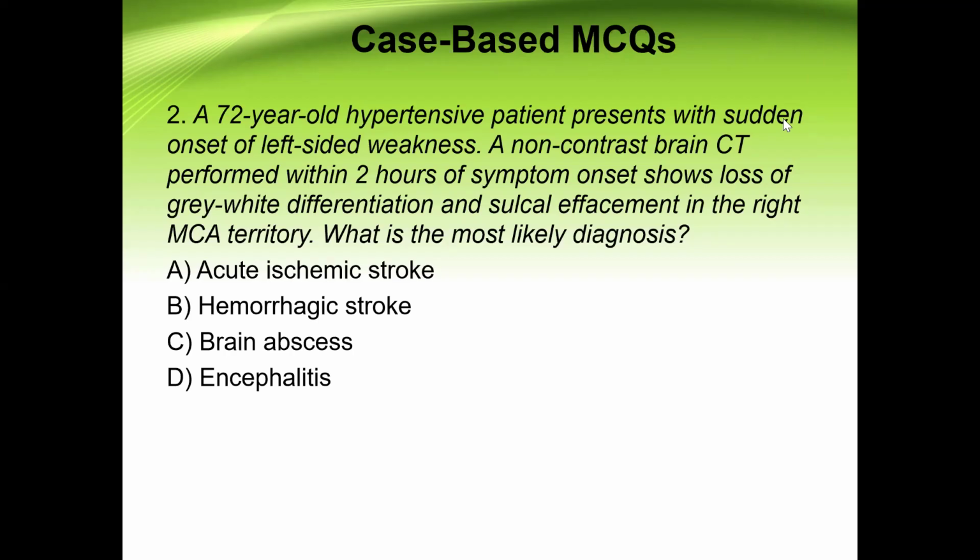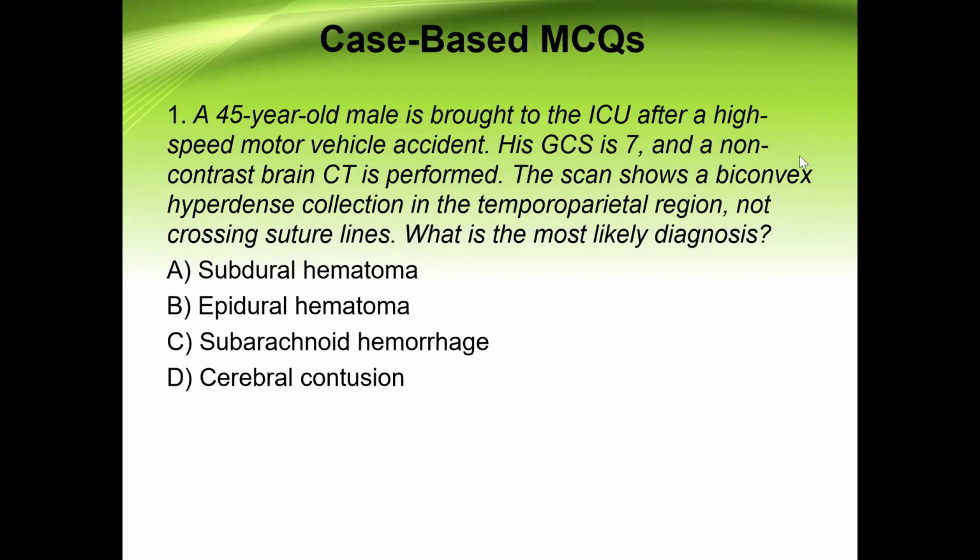The first case is a 45-year-old male patient who is brought to the ICU after a high-speed motor vehicle accident. His Glasgow Coma Scale is 7/15, and a non-contrast brain CT has been performed.